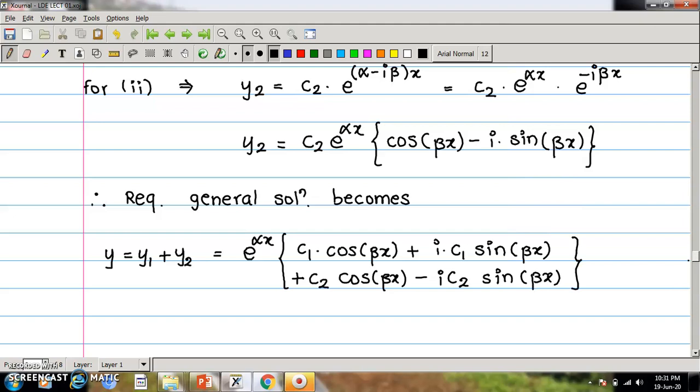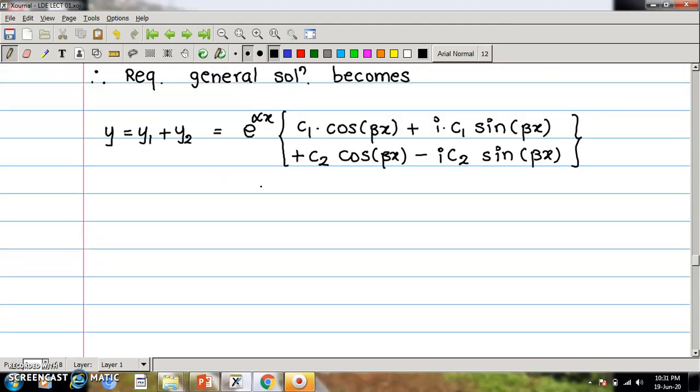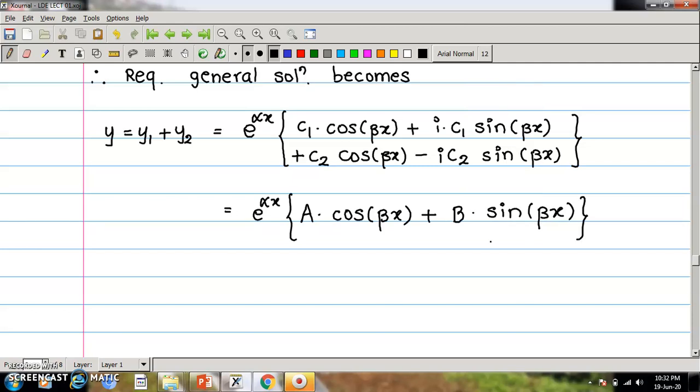Now again we can take some terms common. After taking cos beta x and sin beta x common, we can rewrite this solution as e raised to alpha x into (c1 plus c2 as constant A) into cos beta x, and (i c1 minus i c2) combination of constants is again a constant, so we refer to it as B, into sin beta x. So this will be our required general solution.